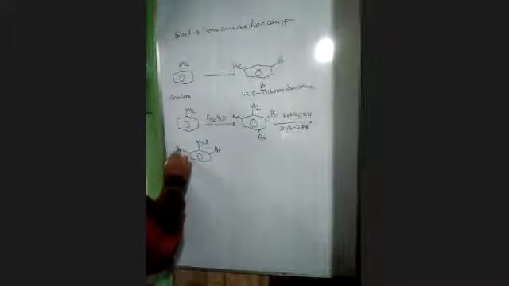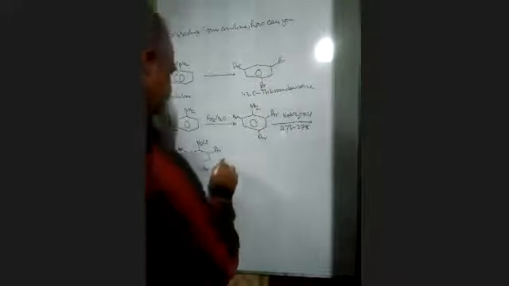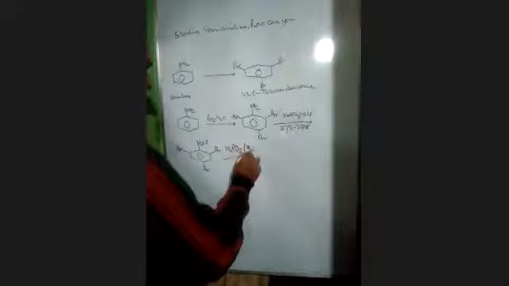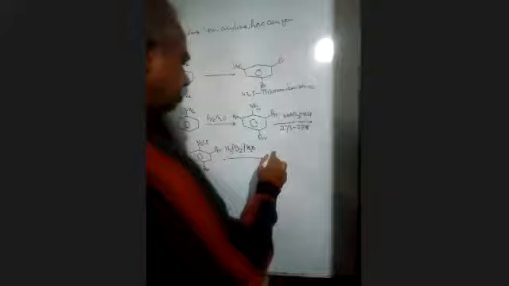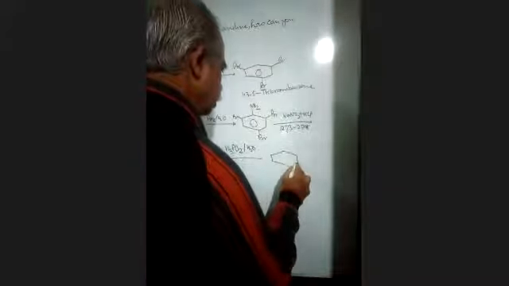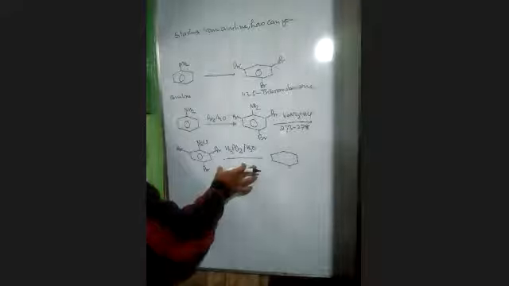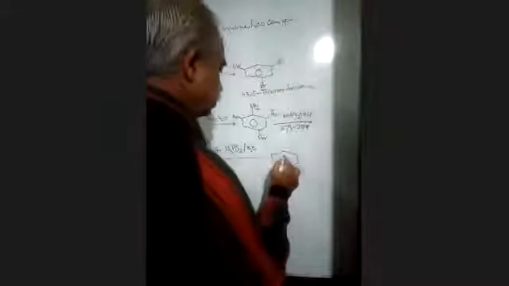Then I will get here N2Cl. Br, Br. Okay. Then you treat it with H3PO2 and H2O. This will go out. This reaction is called deamination. How to remove NH2 from the ring?